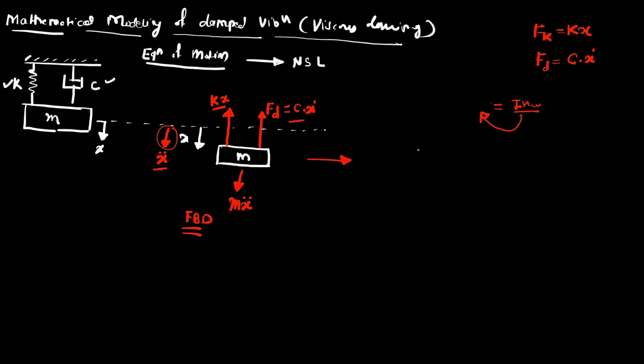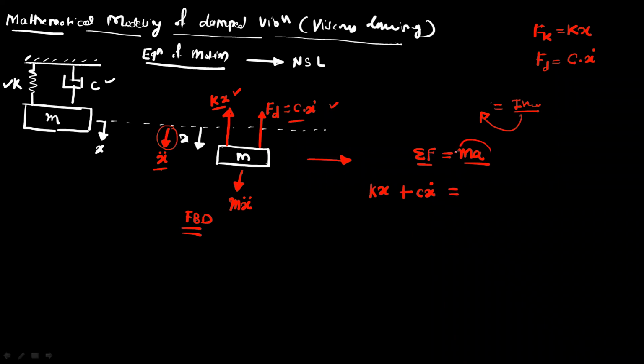Newton's second law says the summation of forces is equal to mass into acceleration. The left hand side, the summation of forces, consists of the external forces: one is kx, second is cx dot. Both are in the positive y direction, so take this as positive. Kx plus cx dot is equal to mass into acceleration.